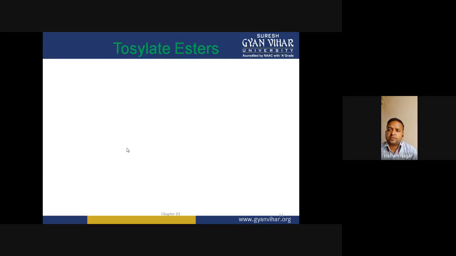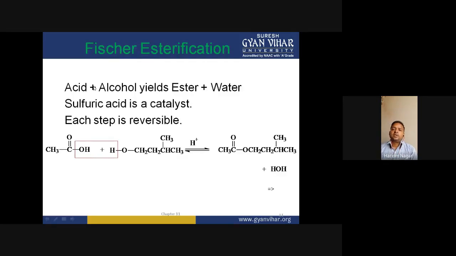So this is the reaction. Here carboxylic acid reacts with the alcohol, and this yields ester plus water. Sulfuric acid acts as a catalyst in this reaction, and each step in this reaction is reversible.